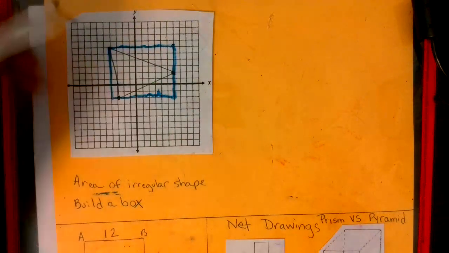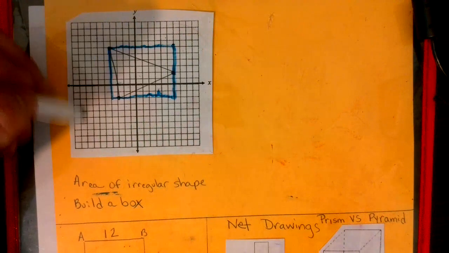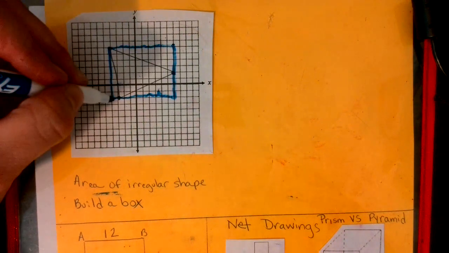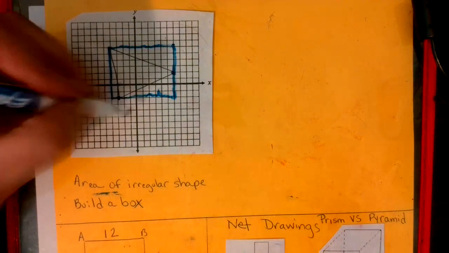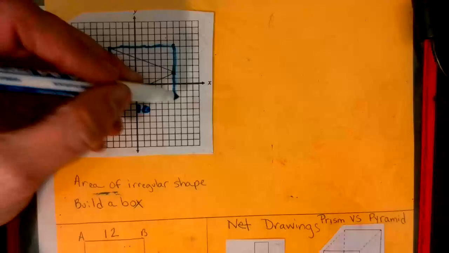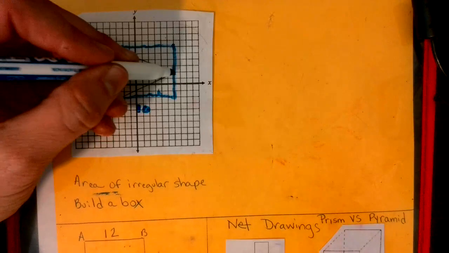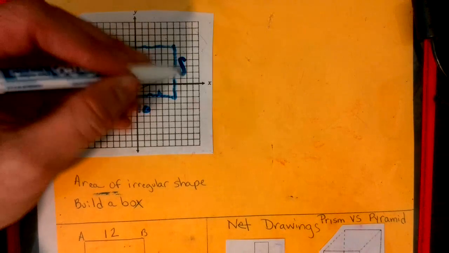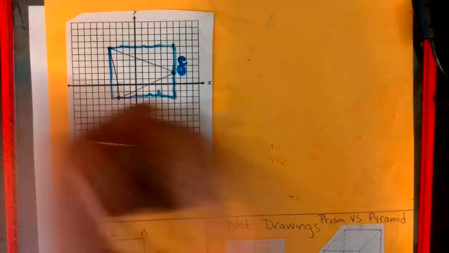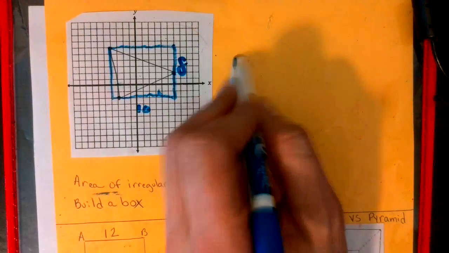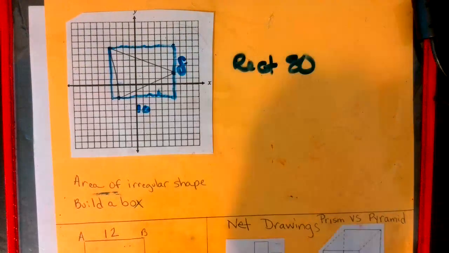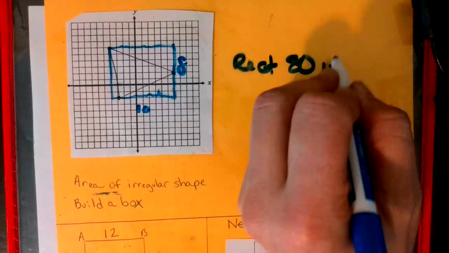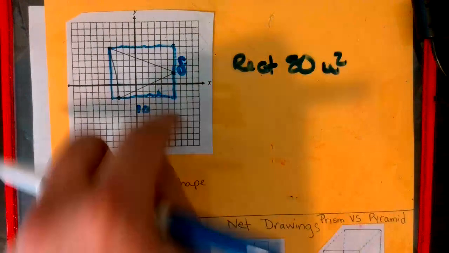Okay, so first thing I'm going to do is find the area of this box. So there's 1, 2, 3, 4, 5, 6, 7, 8, 9, 10 on that bottom, and 1, 2, 3, 4, 5, 6, 7, 8. So the big rectangle around it is 10 by 8, so the rectangle is worth 80 units squared, base times height.